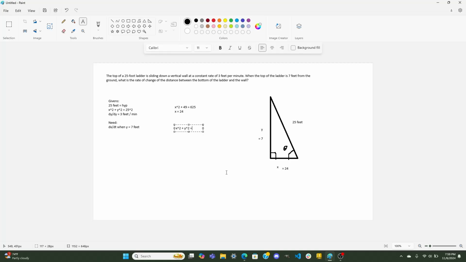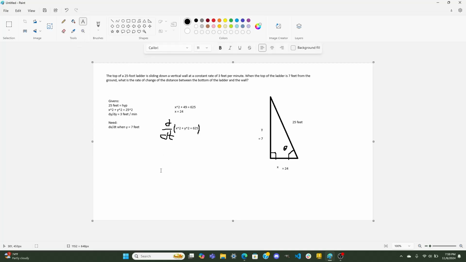y squared equals 625, and let's go ahead and find the derivative of all of these variables and whole number. So we're going to be finding the derivative with respect to time, or d over dt. And this is where our implicit differentiation comes from.